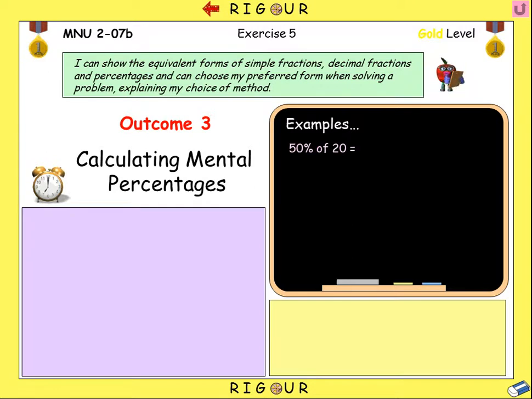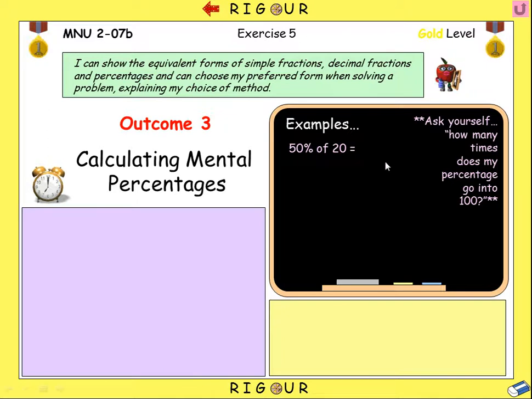So the first one we've been asked here in our example board is to calculate 50% of 20. What we can do is represent the percentage as a simple fraction, and then we know how to calculate a fraction of a quantity from the previous video. To work out the fraction, we ask ourselves, how many times does my percentage go into 100?